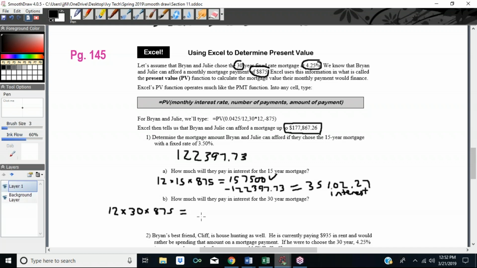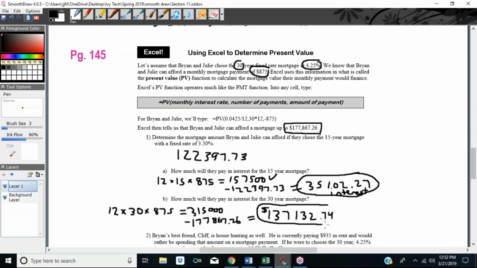And that is $315,000 minus the amount that they would be financing, 177,867.26, and the amount of interest they would pay for this loan is quite high. $137,000 in interest. So $35,000 interest on the 15-year loan versus $137,000 on the 30-year loan.